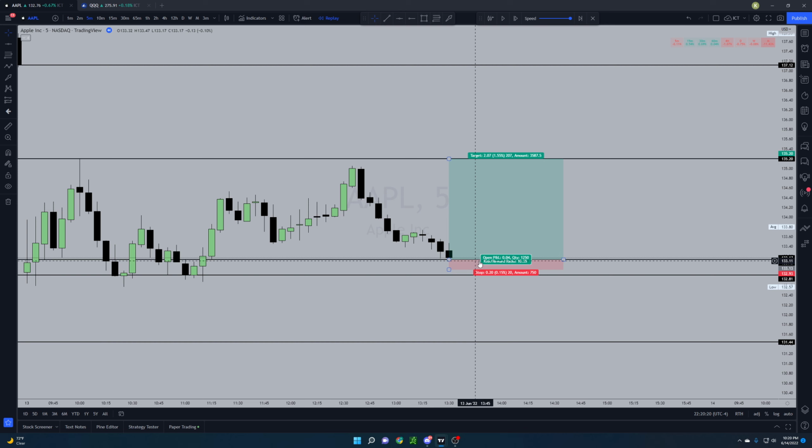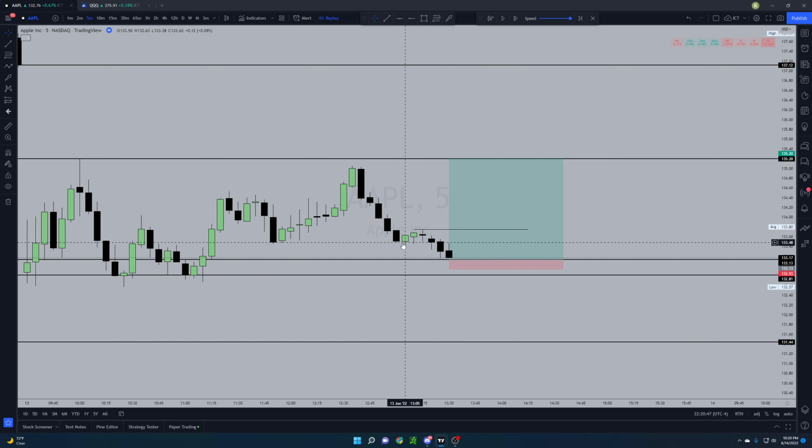So notice how everything is in place, right? There's no questions about what's going to happen at what level. We know everything. We know when we're taking partials, right? This is our immediate swing high up here. So this is going to be your first and initial target, to get past this swing high. We take partials here, and then you can really just do whatever you want with the trade.